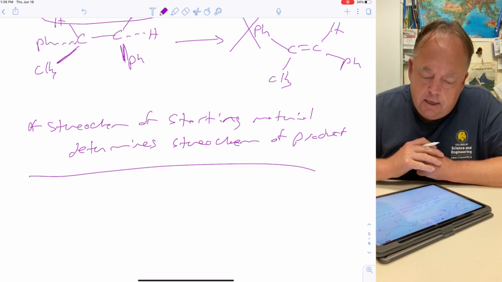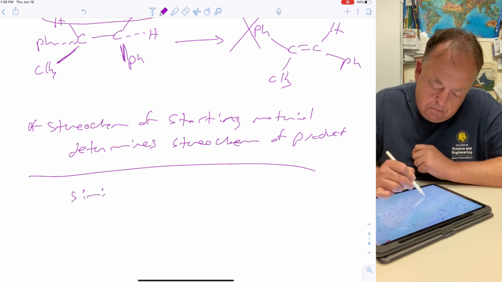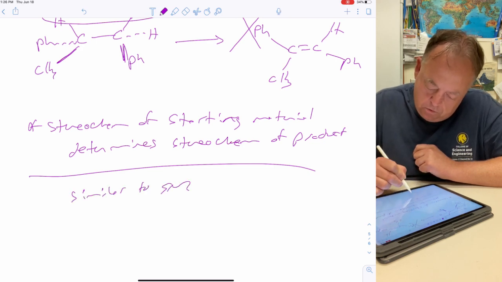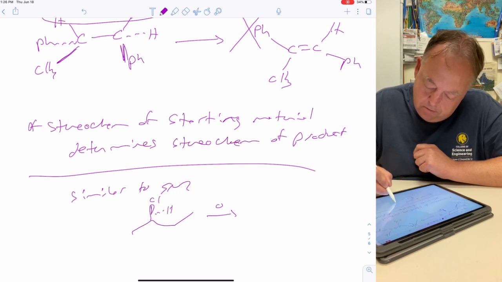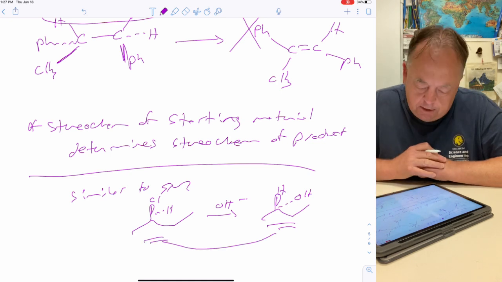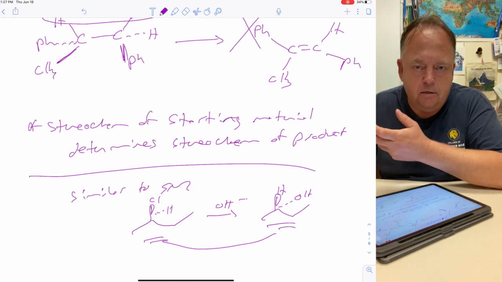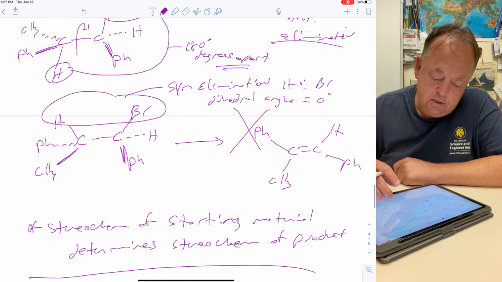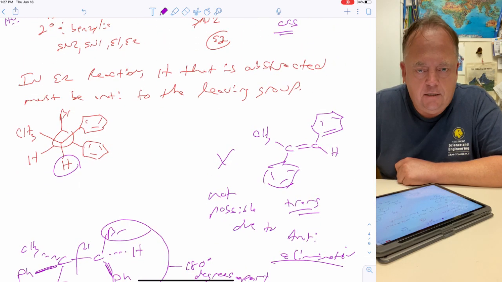And that's just like in an SN2, where you get inversion of stereochemistry. The stereochemistry of the product depends on the stereochemistry of the reactant. If the chlorine was back to begin with, then the OH would end up front in the end. So E2 is very similar. The stereochemistry that you start with is going to determine whether you get the cis or the trans alkene out.